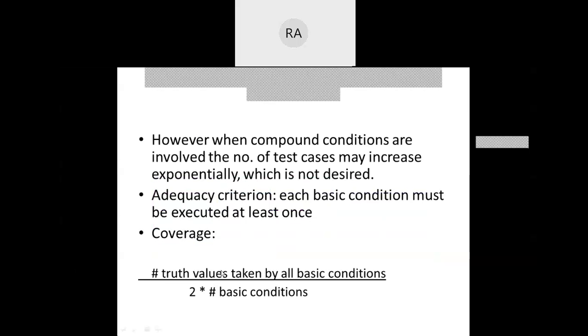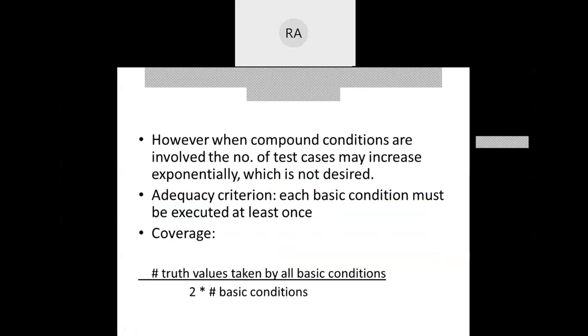Whenever there are compound conditions involved, if n number of conditions are grouped together as one single condition, in that case the number of test cases will increase exponentially, which is actually not desirable. So that is one limitation associated with condition testing.